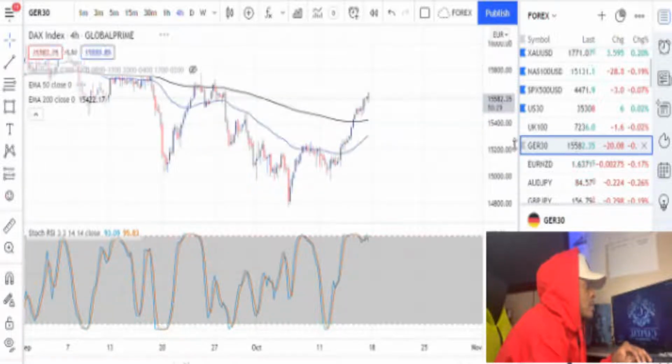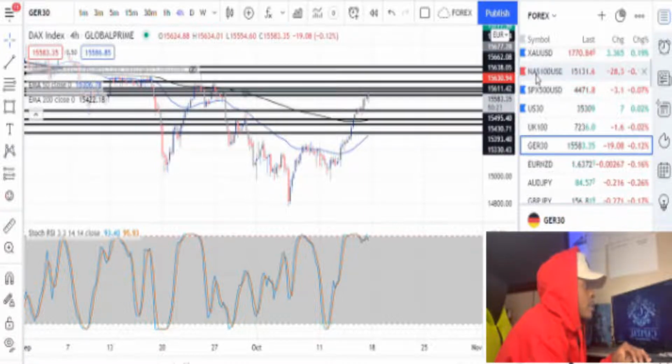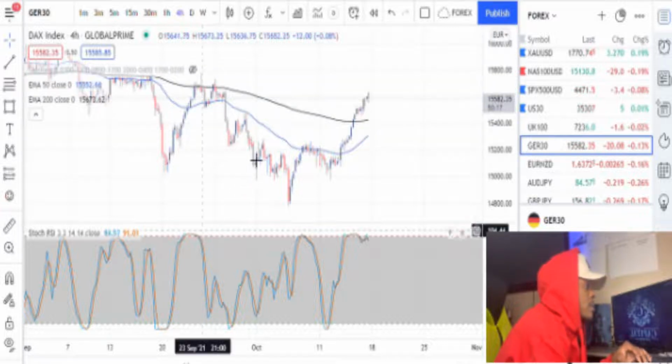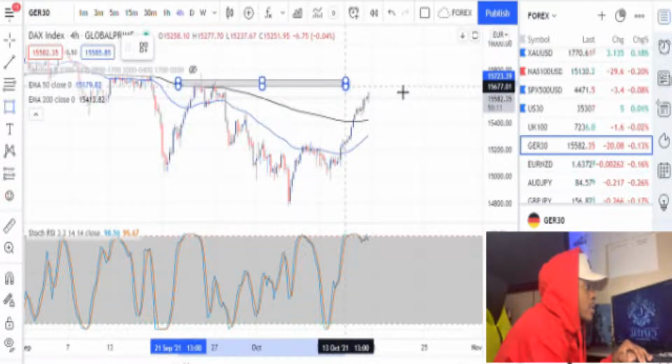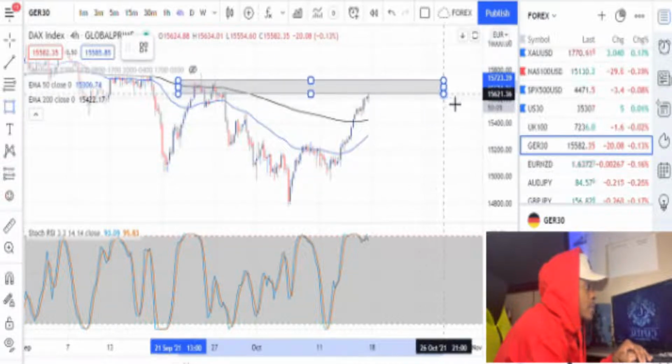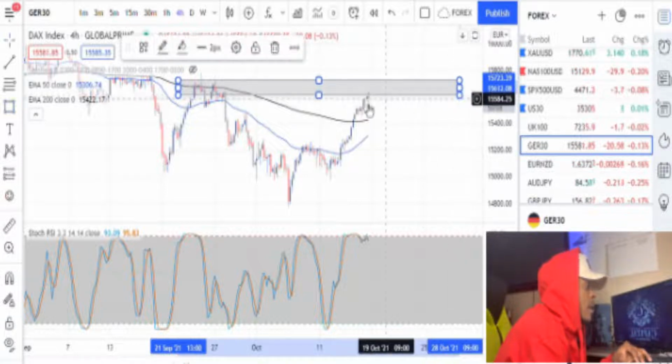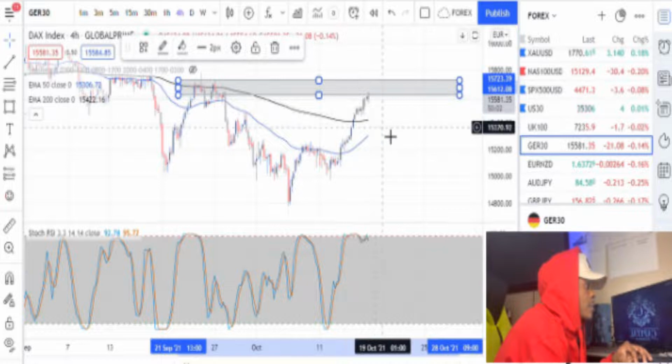Let's see. Let me change Nas to active. Let me erase all my setups. So German 30 is at a structure level or at a supply level. We're going to see how this market reacts at this level.